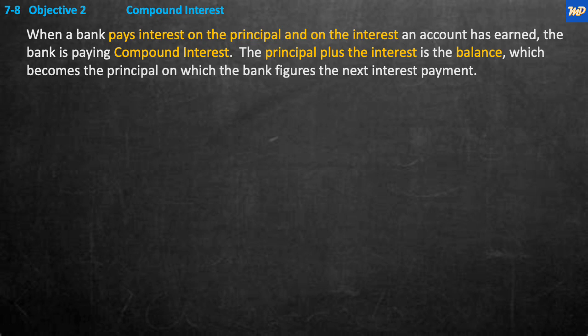So every time they pay interest, it accumulates in the account, and now you have a new balance. They pay the interest on that whole sum, and then that interest gets added back into the account. So it keeps growing. It grows faster with compound interest than with simple interest, because now you're compounding on the interest that's earned.